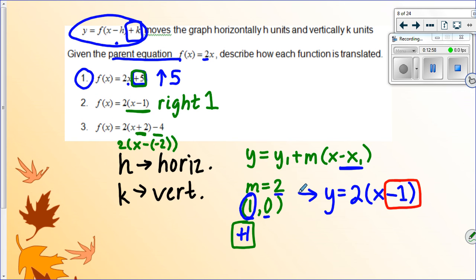Right? So I see that negative 2, that's a left. So it looks like I'm going left 2. And then my k value there on the outside is minus 4, and that's what we think. So it's going to be down 4 units.